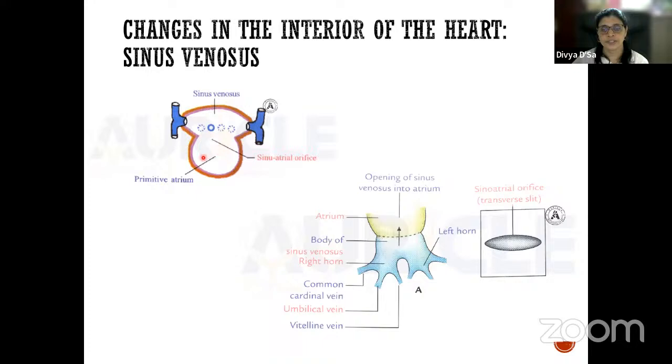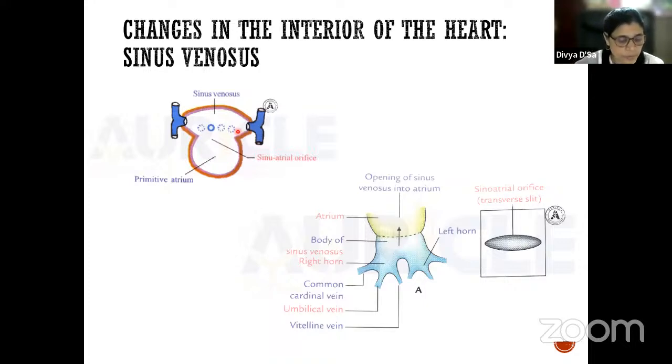Now if you see here, this is the primitive atrium and these are all the vessels opening there. On the right side, we had the right common cardinal, the right umbilical and the right vitelline. And this side we had the left horn. So we have the left common cardinal and then the left umbilical vein and the vitelline vein.